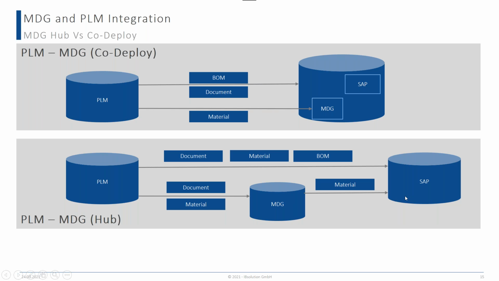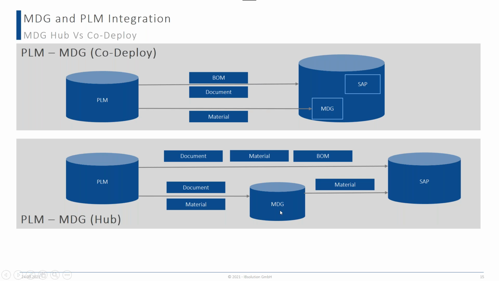Until the material information is available in SAP, the bill of material cannot be sent, because the bill of material depends on the material information. If it is not there, it has to wait. That's how first we create a material number, and that's how both systems can work independently.